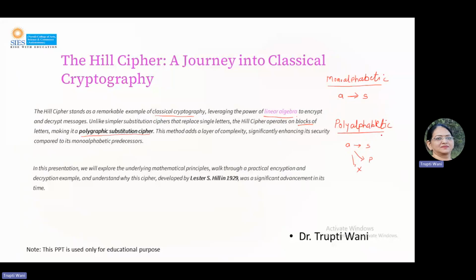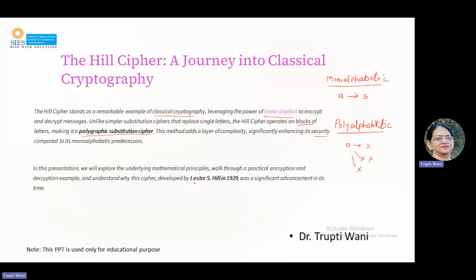So that is the polyalphabetic cipher. Hill cipher is a polyalphabetic cipher, and it converts a block of letters into the ciphertext at a time. So it increases the security. Conversion from ciphertext to plain text is difficult as we can't do the frequency analysis here.